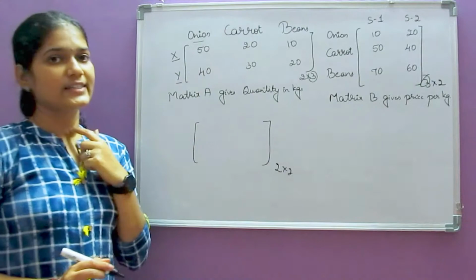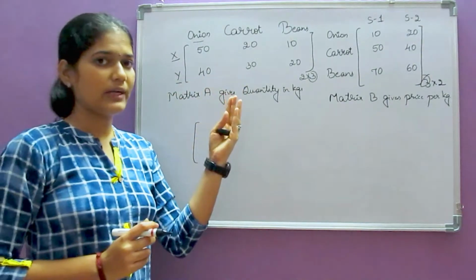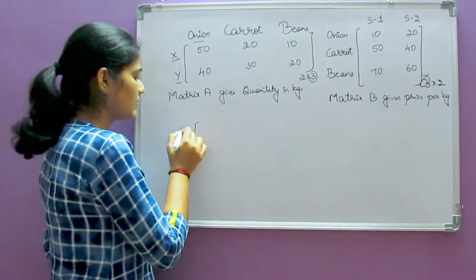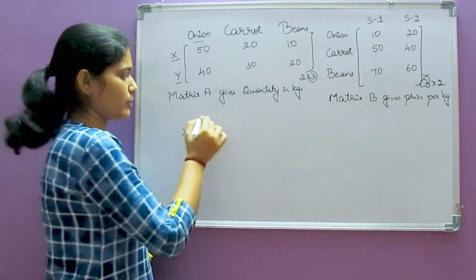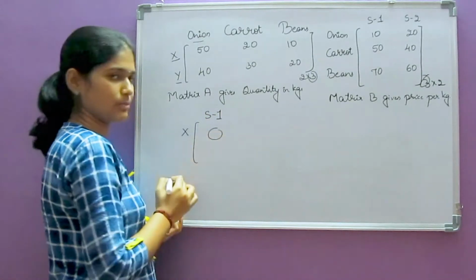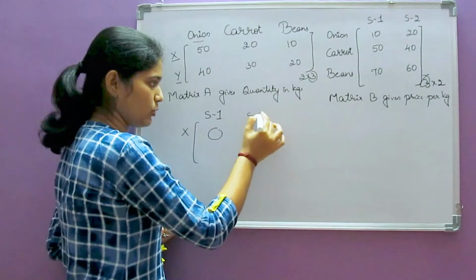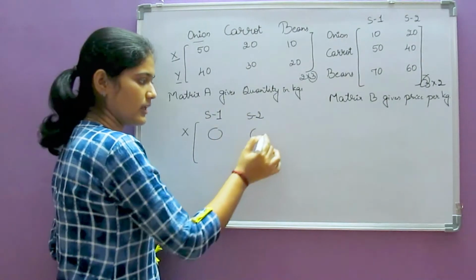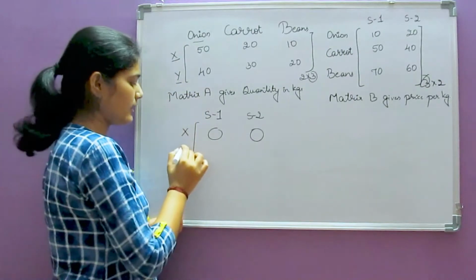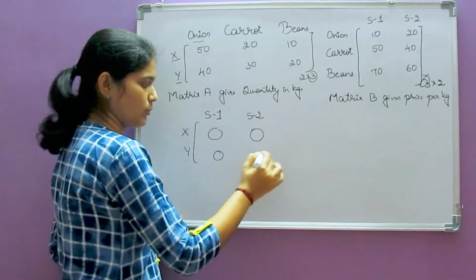So now let's multiply these two matrices. Multiplying these two matrices is nothing but, if person X buys his product in shop 1, how much will it cost? It will come in this position. If person X buys his product in shop 2, how much will it cost? It will come here. And similarly for person Y, shop 1 and person Y, shop 2.